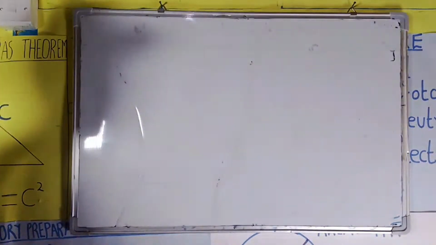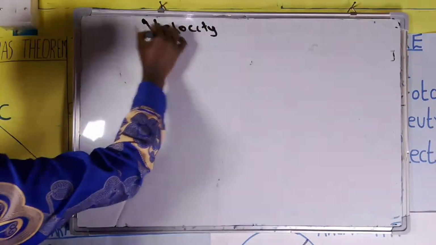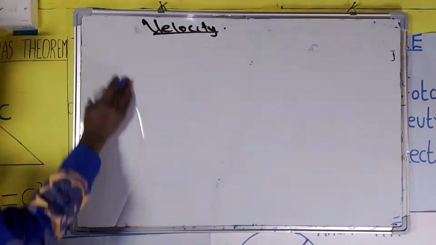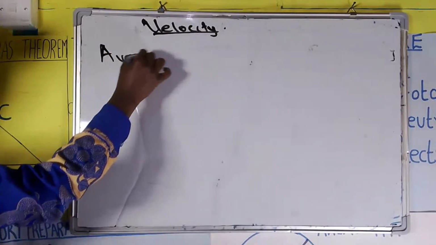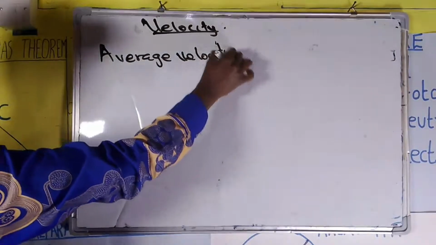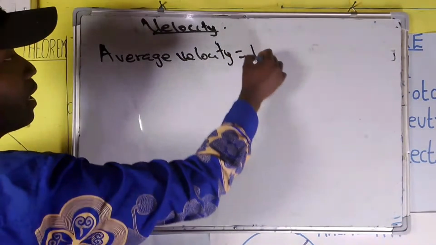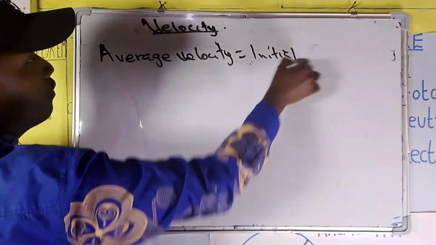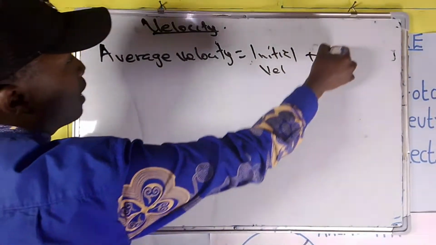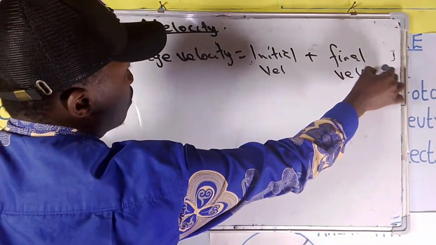One of the questions that you really need to understand on velocity is, how do we find average velocity? We find average velocity by taking initial velocity plus final velocity over 2.